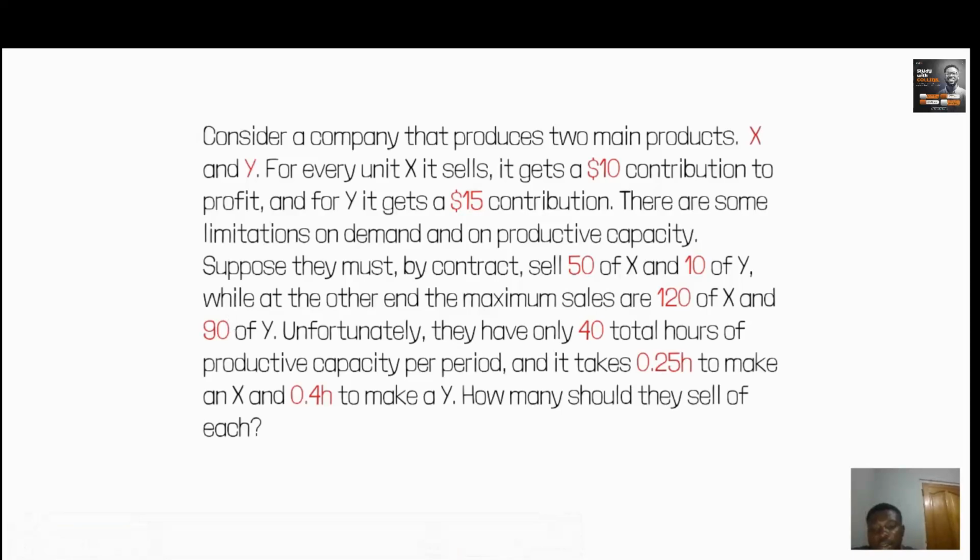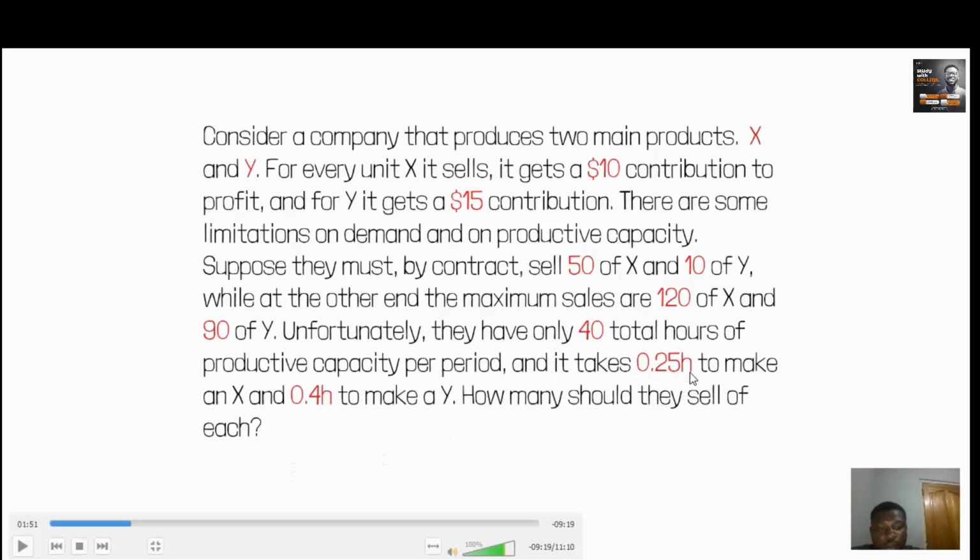Then let's come to equation 5. Unfortunately, they have only 40 total hours of productive capacity, and it takes 0.25 hours for X and 0.4 hours for Y. Because we are dealing in hours, X hours plus Y hours is equal to total hours.